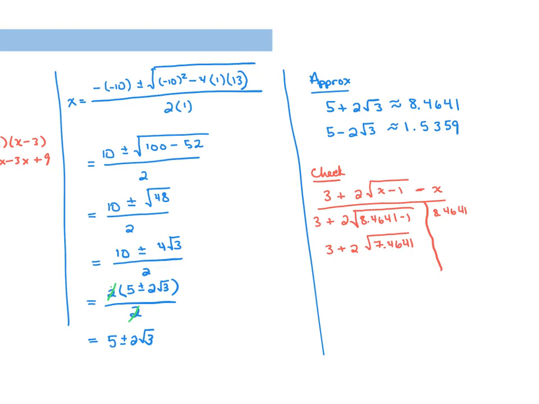And if we substitute the quantity on the left into our calculator, we get 8.4641. So that one's true. So 5 plus 2 square roots of 3 is satisfied. And if we do the same thing with 1.5359, it would also check. So what are our answers? Our exact answers are 5 plus or minus 2 square roots of 3.